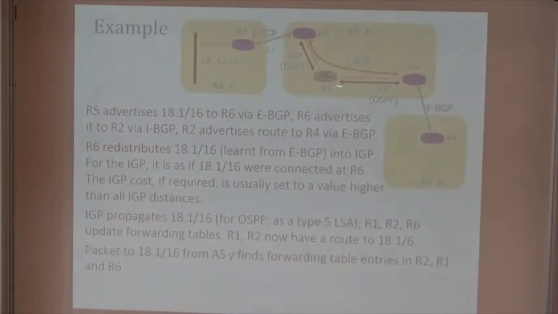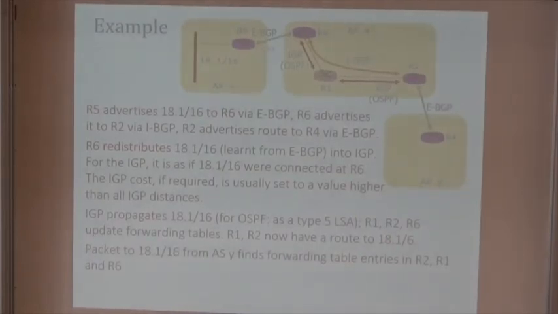So via OSPF now, let's assume for simplification it's a single area, R1 and R2 will receive this information from OSPF. So R1 will know that for this prefix, you have to go to this next hop, right? And it will also compute the cost to the destination here.